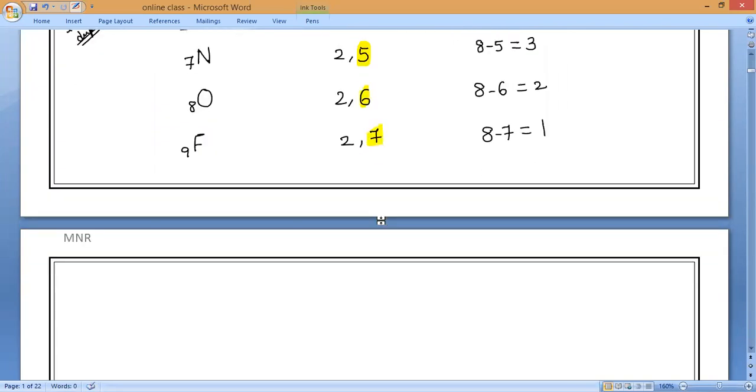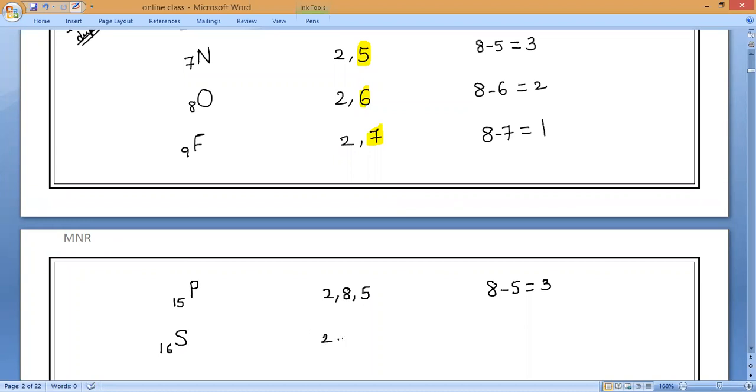Next, phosphorus. What is the atomic number of phosphorus? 15. Tell me the electronic configuration, everybody. 2, 8, 5. So 8 minus 5 equals 3. Write it. Next, sulfur. What is the atomic number? 16.